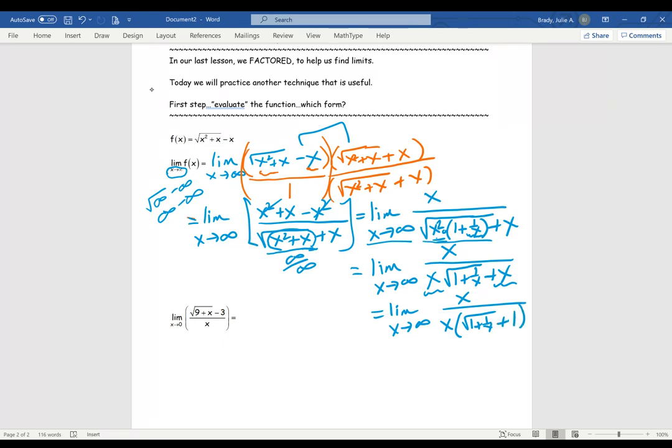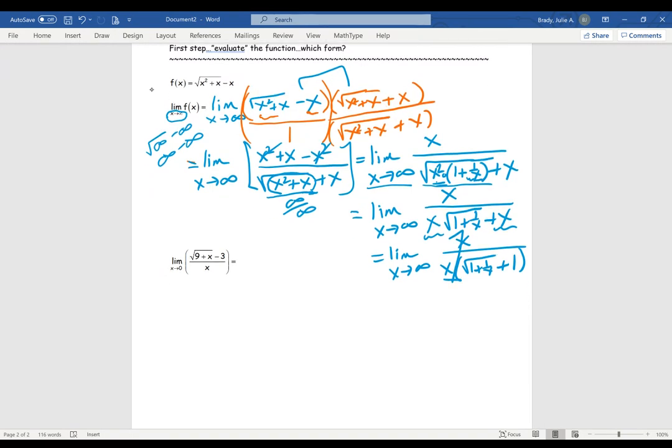And why is that nice? Because now this factors out. So let's see what our new version of the function is: the limit as x goes to infinity of 1 over the square root of 1 plus 1 over x plus 1. That's the denominator, and I think I can evaluate this.